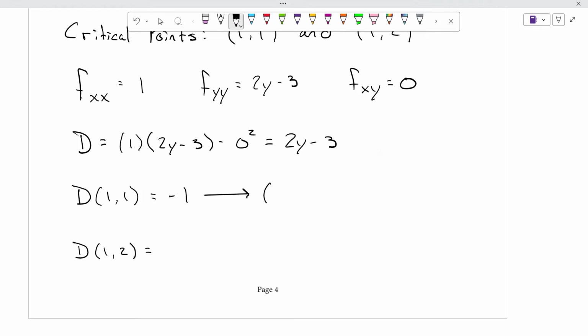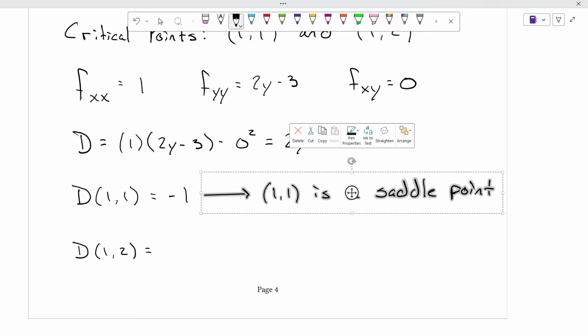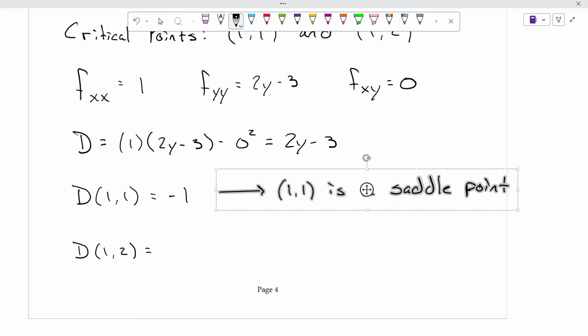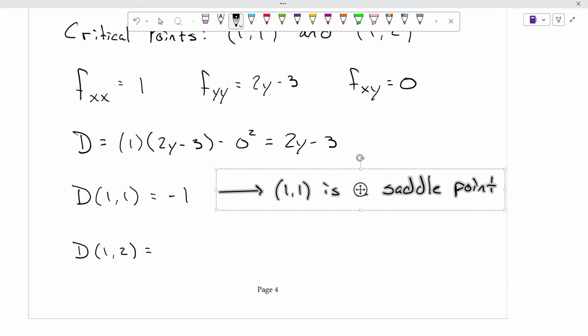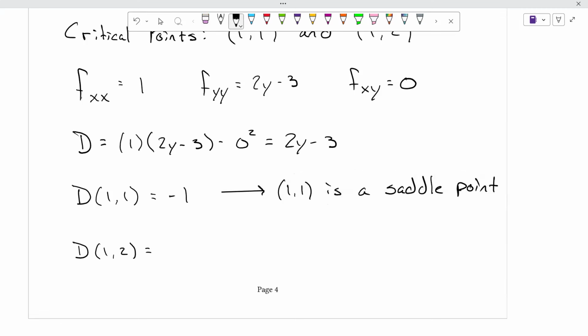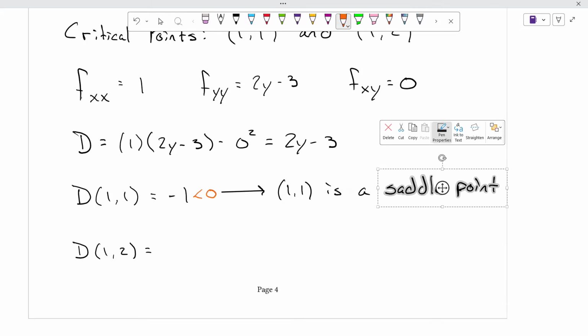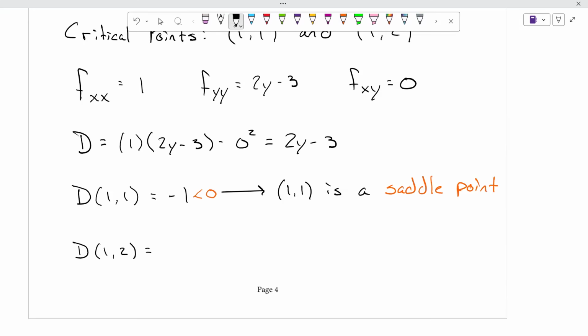So that tells me that (1, 1) is a saddle point. That number is less than 0, which is what tells me that I have a saddle point over here.